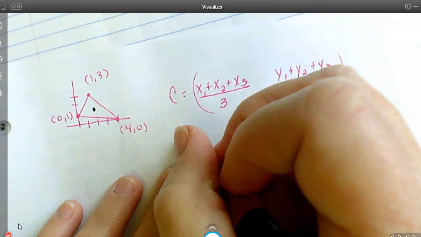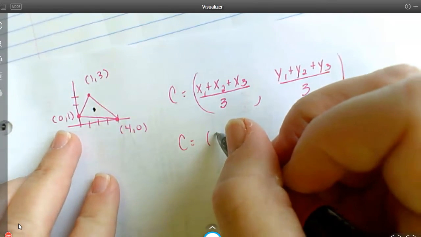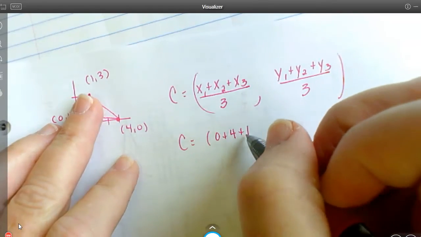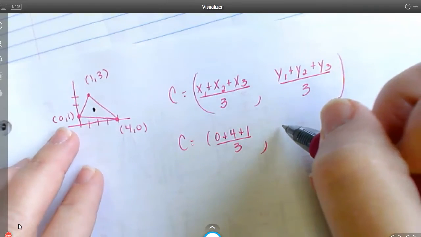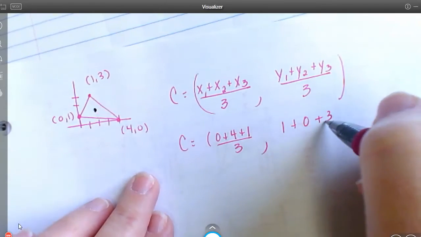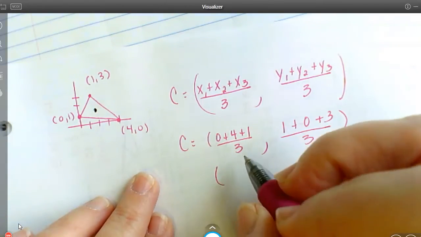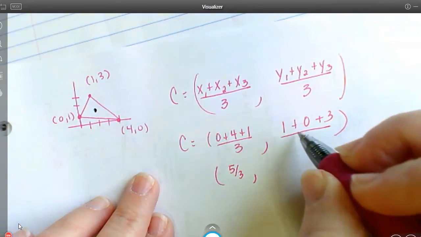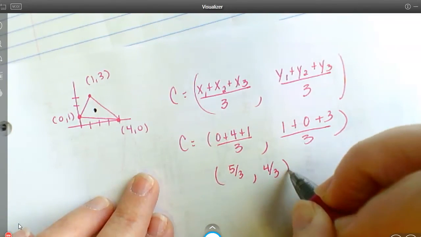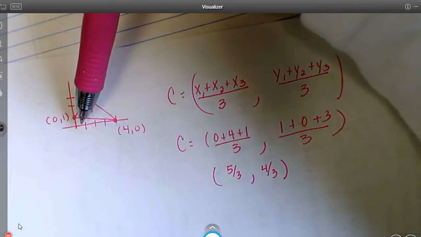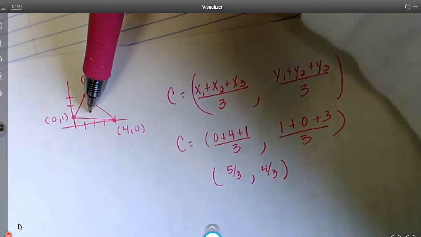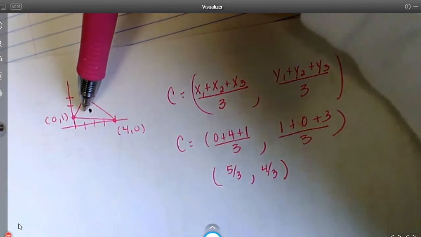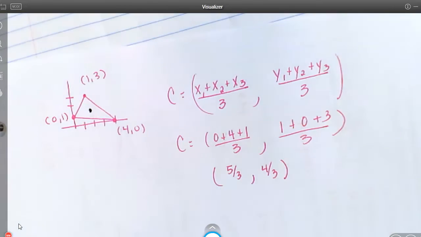So in this case, if I wanted to find the centroid, it would be 0 plus 4 plus 1 divided by 3, and 1 plus 0 plus 3 divided by 3. And I would get 5/3 and 4/3. 5/3 is a little bit less than 2. 4/3 is a little bit more than 1, so it makes sense that that could be the centroid. So if I ever give you points and want you to find the centroid, you take the x values and average them, you take the y values and average them.